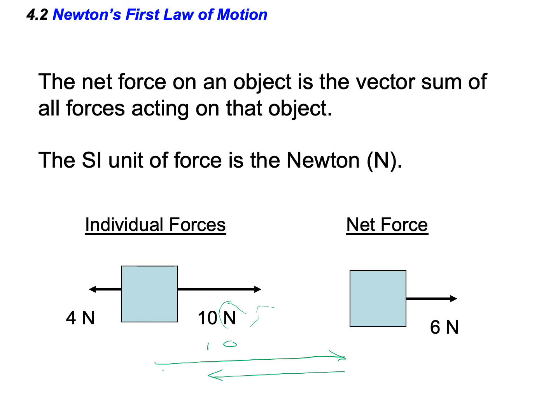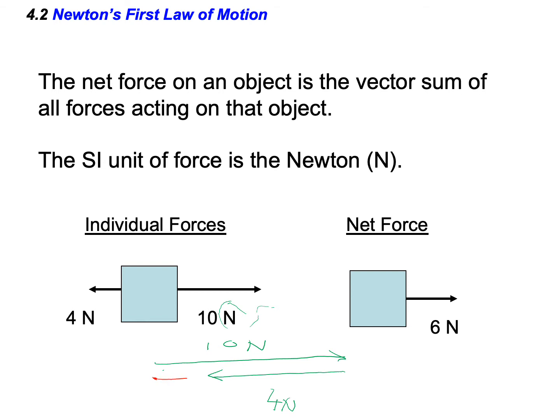One is 10 Newton. The second force is 4 Newton. And now we know how to calculate: tail of the first force, head of the first force, head to tail of the second force. And the net force is the tail of the first force to the head of the second force.